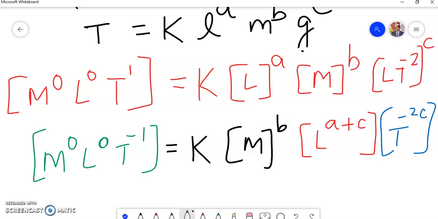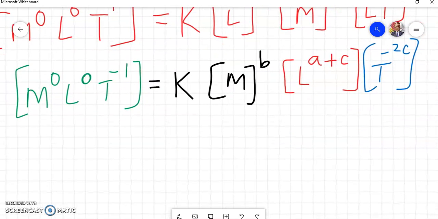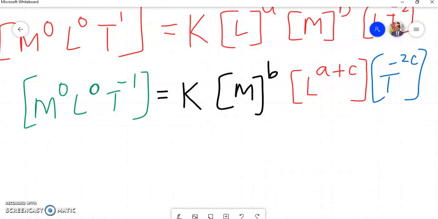Comparing the coefficients, since you all know that if the base is the same, the powers can be compared.